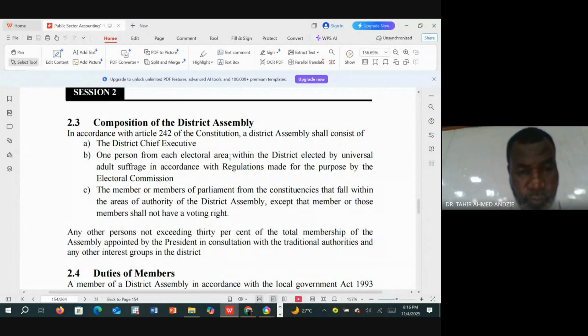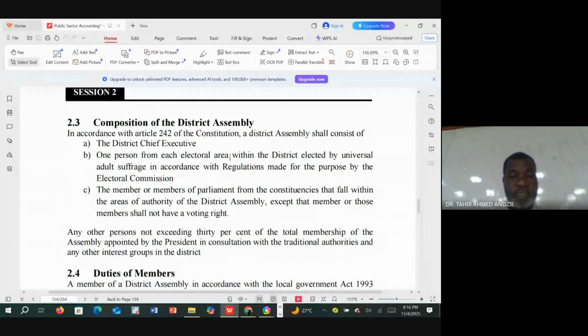So, apart from this chief executive, we have one person from each electoral area within the district elected by universal adult suffrage in accordance with the regulations made for the purpose by the Electoral Commission. So we are talking of the election of the assembly members.